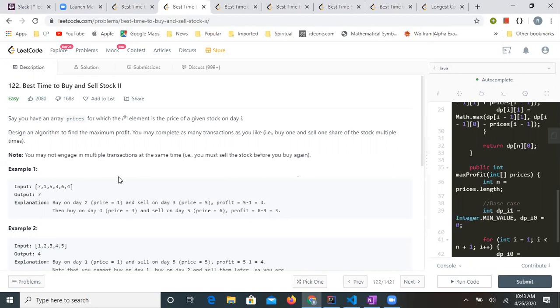One way could be, of course, since you can do any transaction, you can greedily make profit whenever you can, right? Buy at a lower price and continue selling at the next higher price.